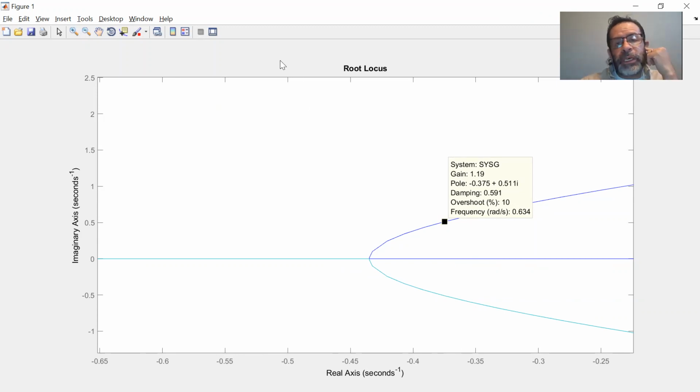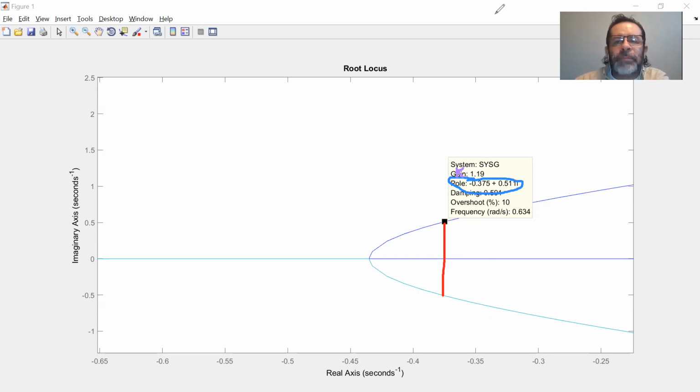So if there's a pole here on top that's minus 0.375 that has a gain of 1.19, there's going to be a corresponding pole roughly around this position here that's going to have the same real value, minus 0.375, but it's going to have the negative imaginary part.